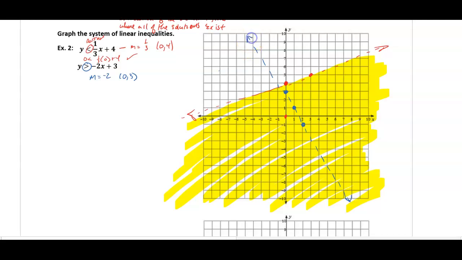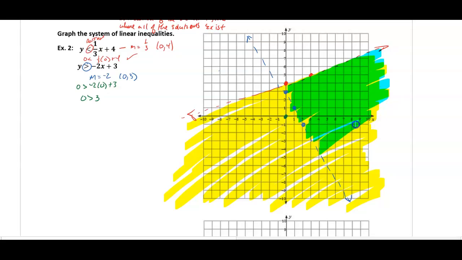So there's a boundary line there. Now, does (0, 0) make that true? Is 0 greater than negative 2 times 0 plus 3? Well, (0, 0) makes a false statement here. So that tells me I'm going to shade the opposite way. (0, 0) would not be shaded. So I would shade this side of that blue boundary line.